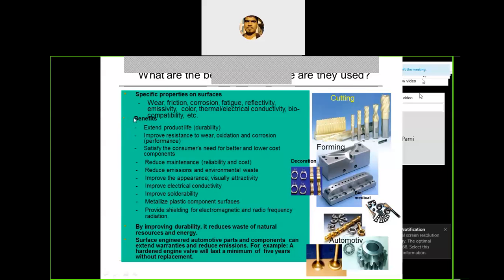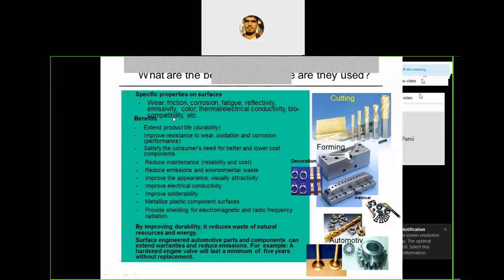Next, it will improve the wear resistance and the corrosion resistance. The surface improves properties like wear resistance and corrosion resistance, and satisfies the customer's needs better at lower component cost. If it increases the life, then automatically it becomes economical.